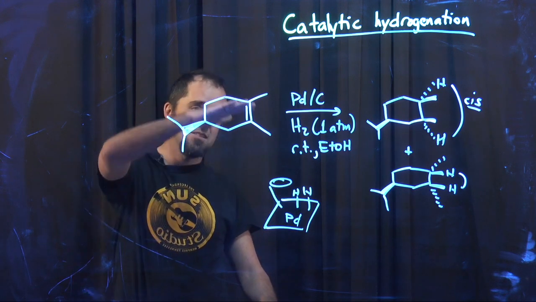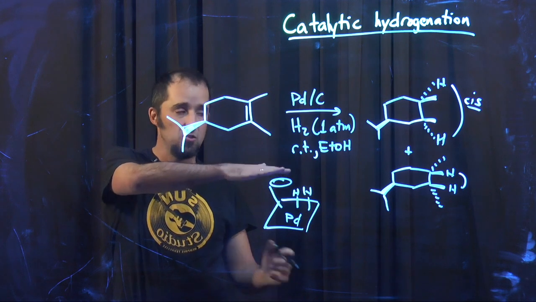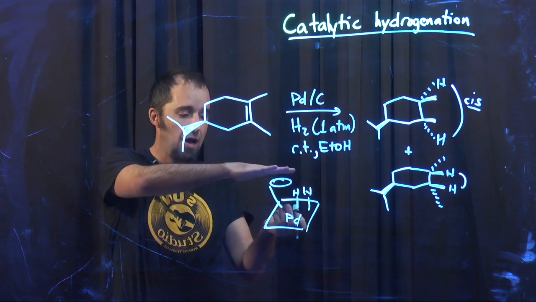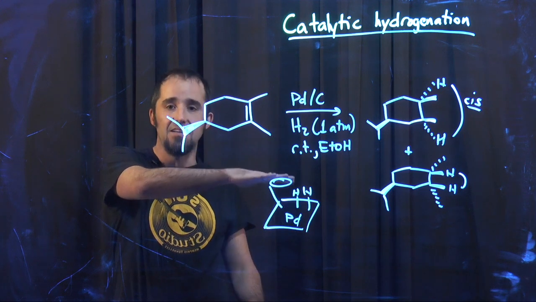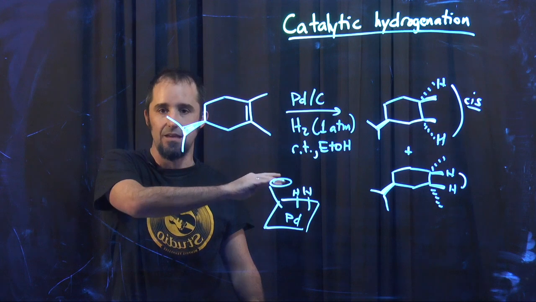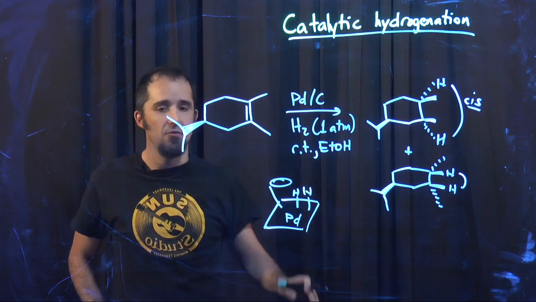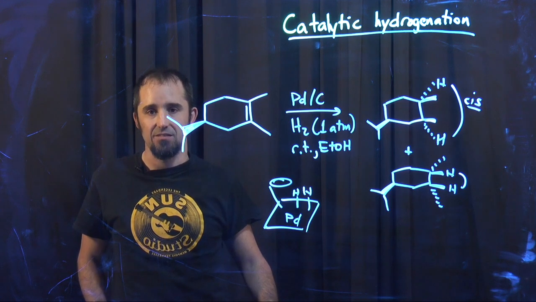And so as the molecule docks onto the palladium surface, it's only natural that it's going to take hydrogens from the metal center onto the same face, right? There's no backside attack or anything like that happening, okay? So I'm almost always going to see them add to the same face.